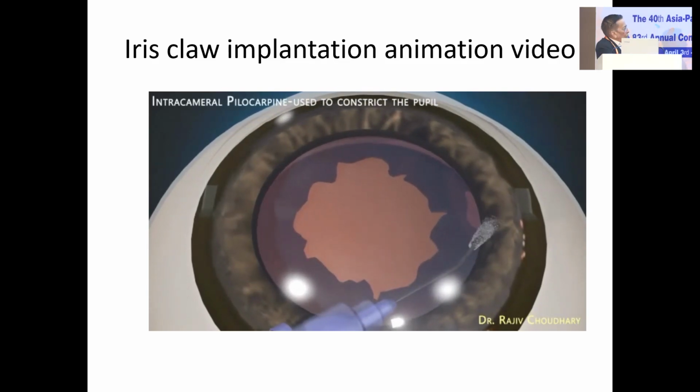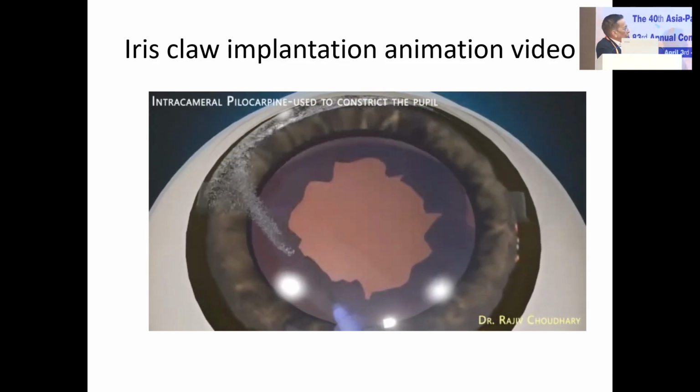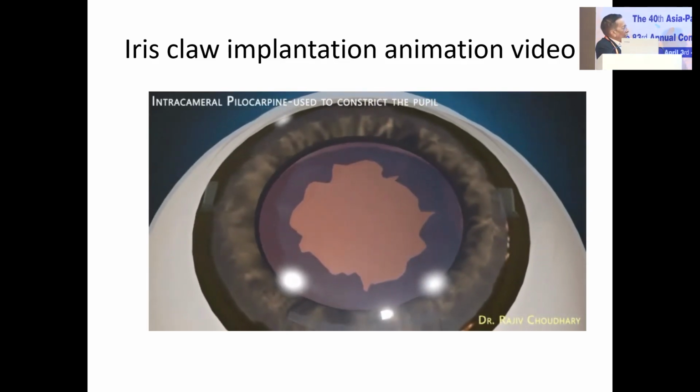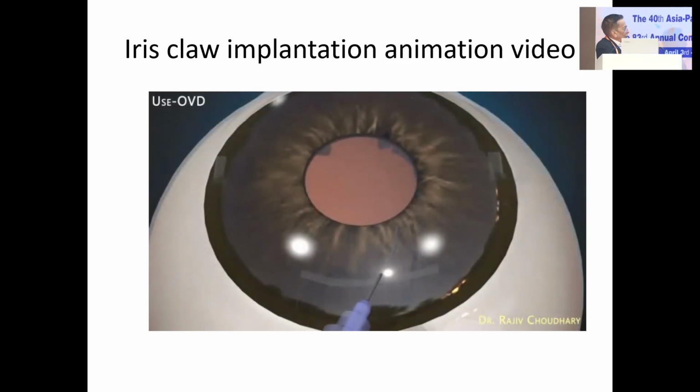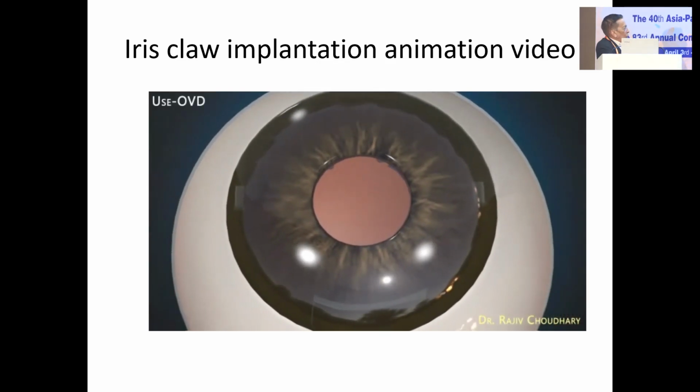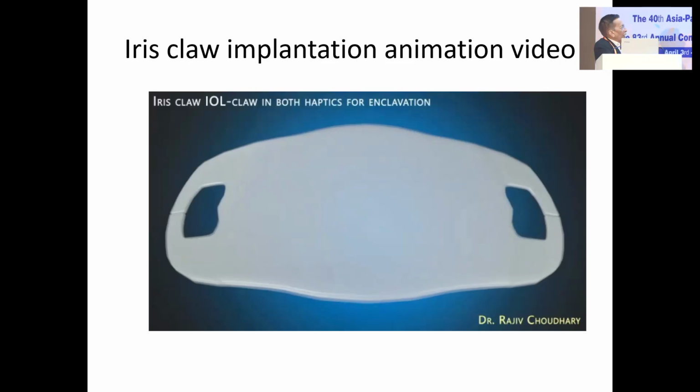Then put in pilocarpine so the pupil is constricted. Deepen the chamber with a good viscoelastic.